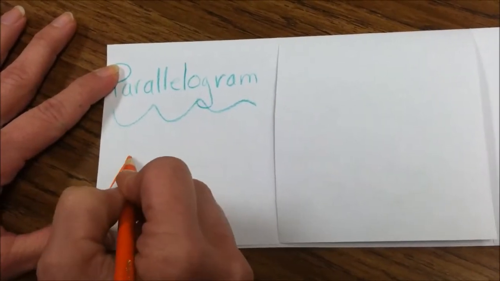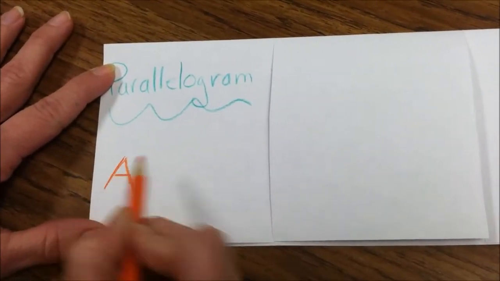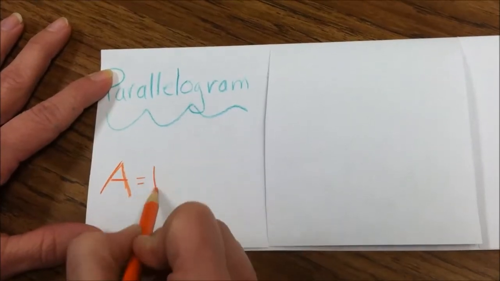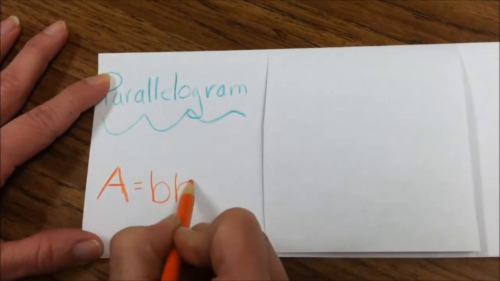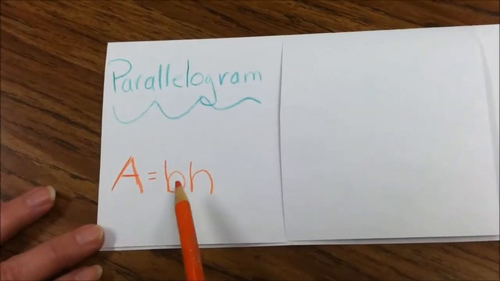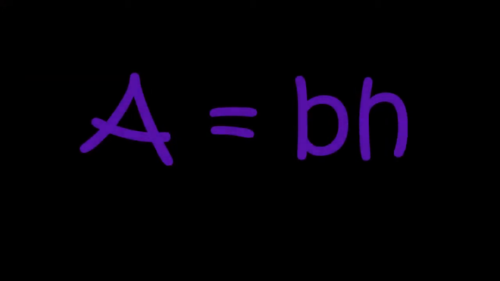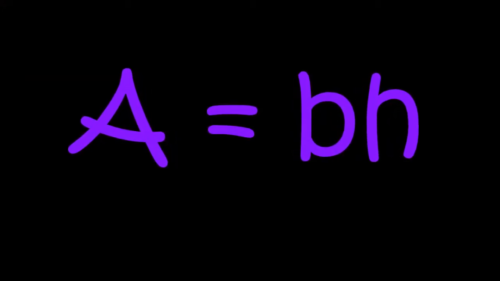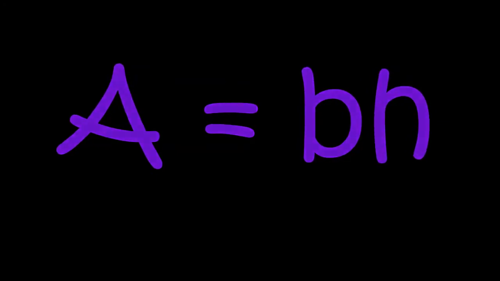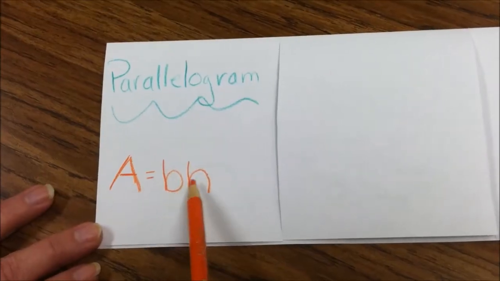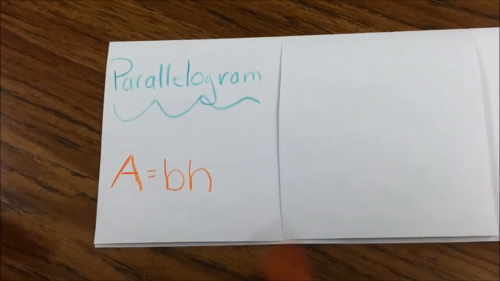The formula is just the base times the height. So I have A, which represents area, B is base, and H is height. So you're just multiplying the base times the height, and that is it.